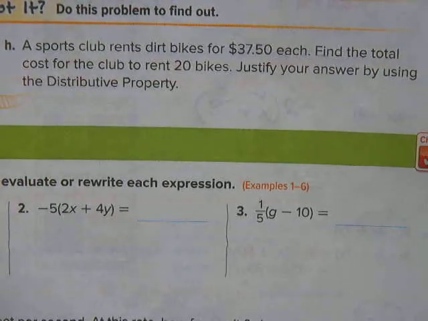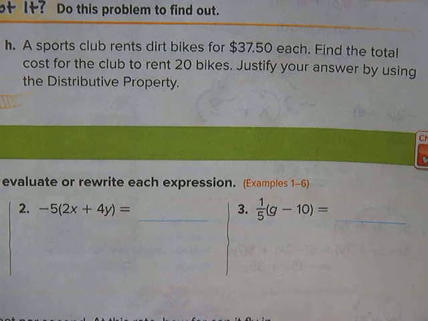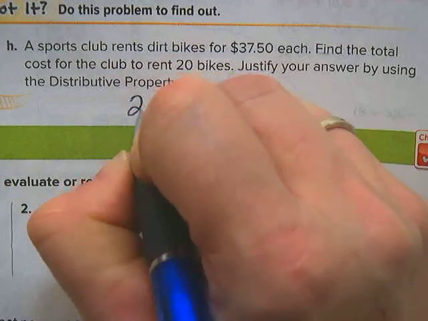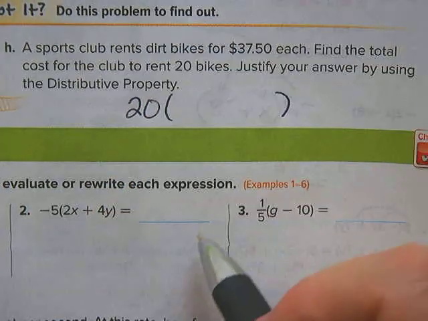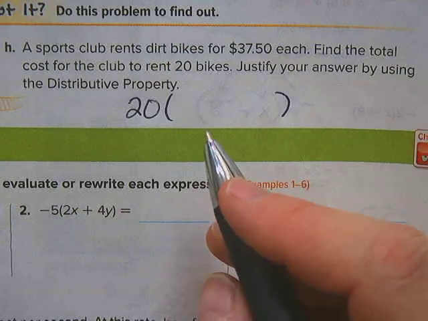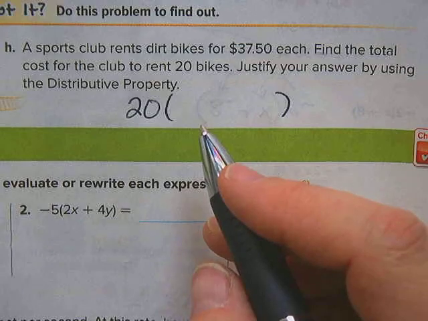Okay? So let's try this one. A sports club rents dirt bikes for $37.50. Find the total cost for the club to rent 250 bikes. I'm sorry, 200 bikes. So we have 200. And how could we write $37.50 in kind of an easier way?